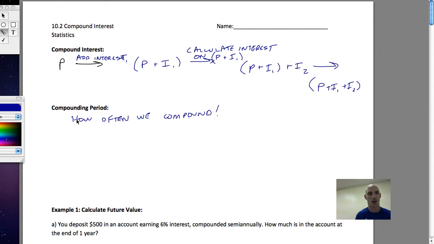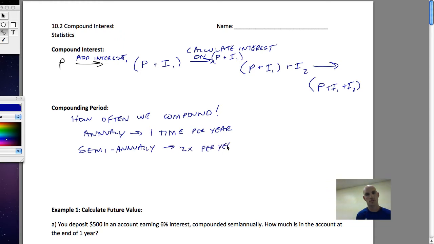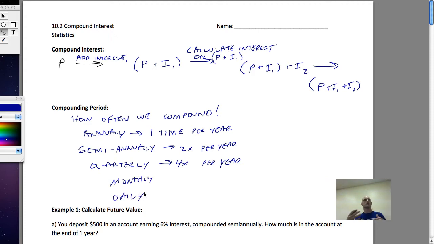Common compounds are annually, one time per year, semi-annually, two times per year, quarterly, 4 times per year, monthly, or daily. We're going to come back to what that actually means in a second.